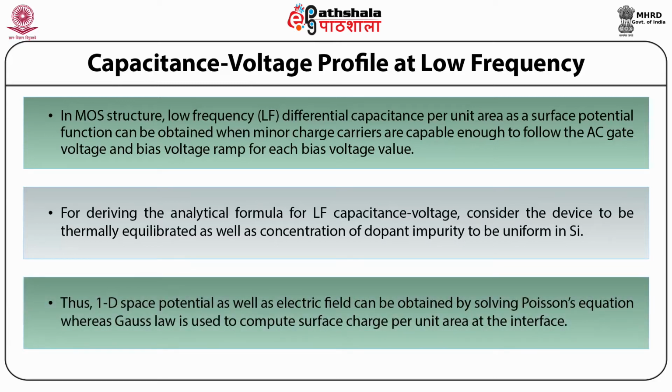Thus, one-dimensional space potential as well as electric field can be obtained by solving Poisson's equation, whereas Gauss law is used to compute surface charge per unit area at the interface.